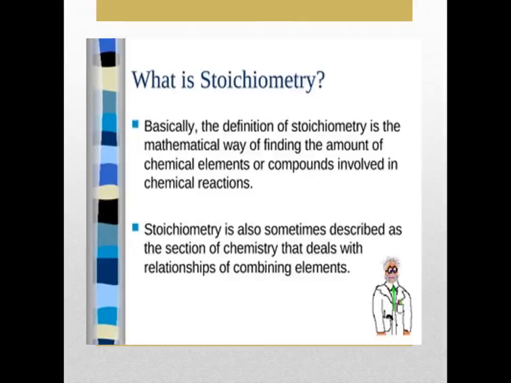First of all, what is stoichiometry? The definition of stoichiometry is a mathematical way of finding the amount of chemical elements. Stoichiometry is also sometimes described as a section of chemistry.